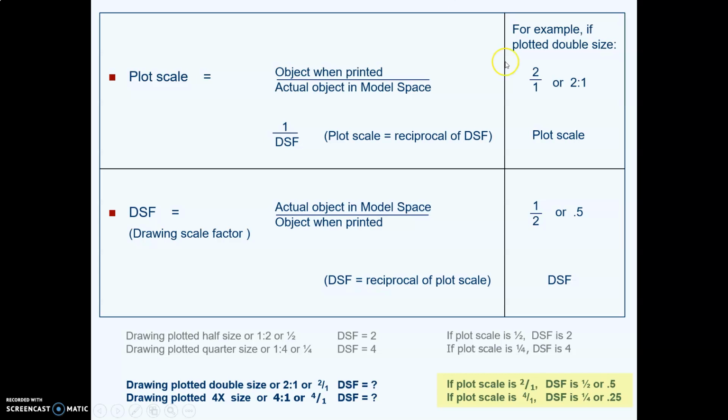What if your viewport is 2:1? Your drawing scale factor is going to be 1/2, which I have written at the bottom of this slide. If your plot scale, if your viewport scale is 2:1, your drawing scale factor is 1/2. And if you decide to make your viewport 4:1, your drawing scale factor is 1/4. So we'll try to look at that as we look at AutoCAD.